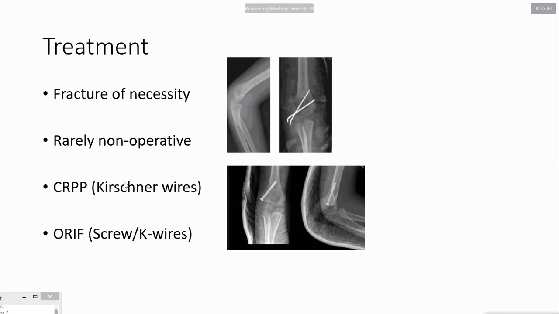So that can be either closed reduction and percutaneous pinning, or open reduction and pinning with either K-wires or screws. The full form of K-wire is Kirschner wire. Just to orient you, you'll be knowing about it later on subsequently.